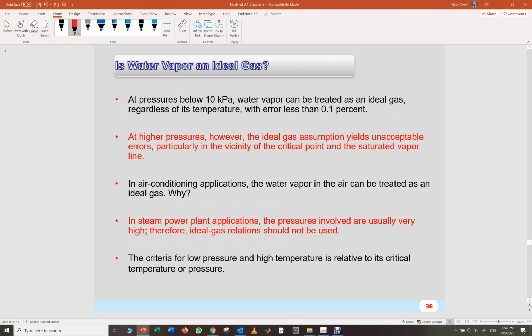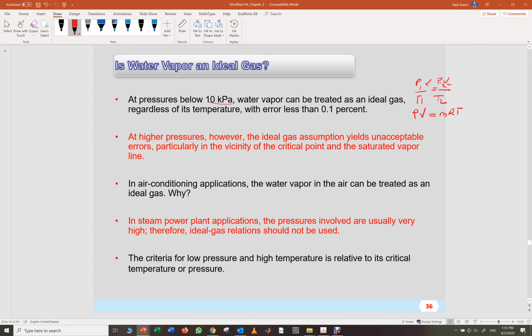What about water vapor? At pressure below 10 kilopascal, water vapor can be treated as an ideal gas. So we can write, for example, P1 V1 divided by T1 equal P2 V2 divided by T2, or PV equal mRT.